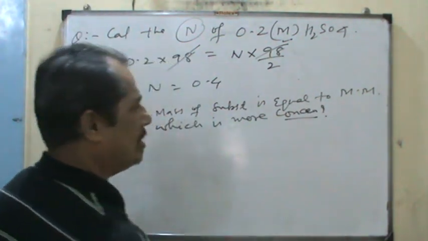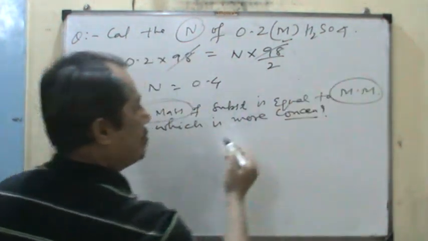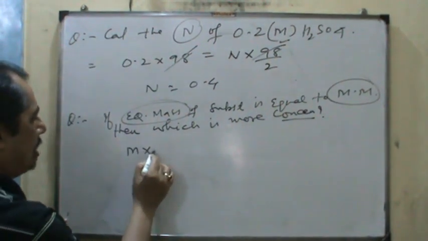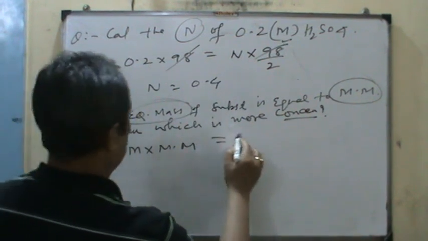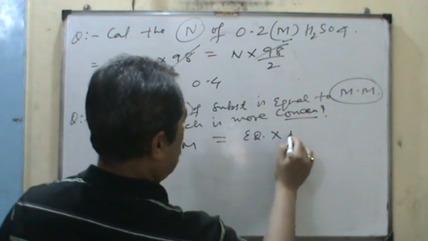Which is more concentrated? Tell me anyone. Equivalent mass is equal to the molar mass. So you know the formula: molarity into molar mass is equal to normality into equivalent mass.